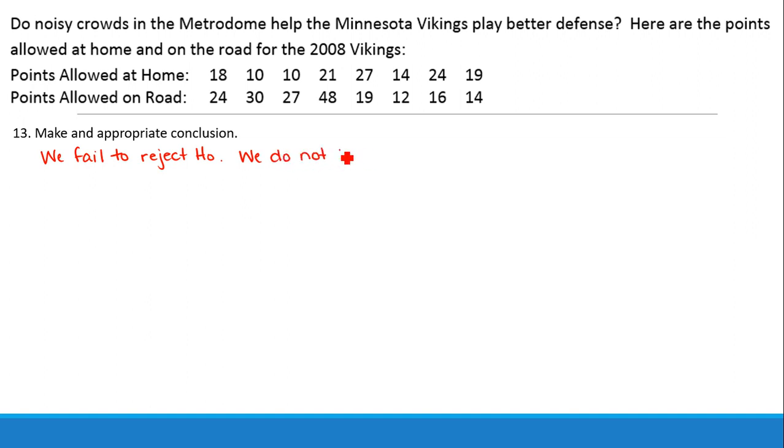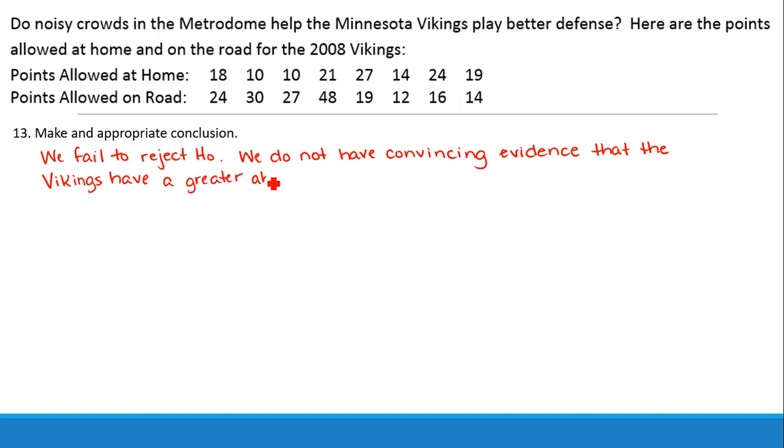We do not have convincing evidence that the Vikings have a greater ability to play defense at home than on the road.